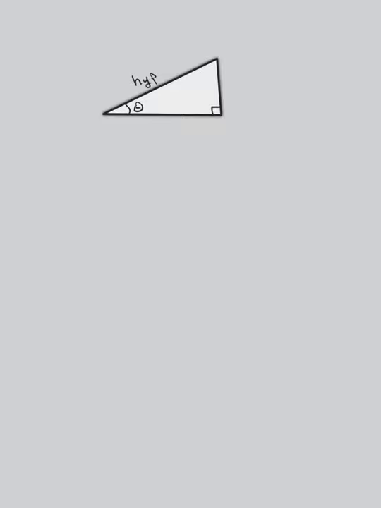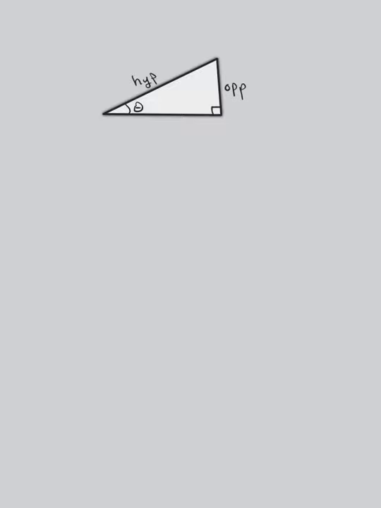Now these other two labels depend on the angle theta that I'm talking about. The labels will be different if I'm referring to this angle up here. So I have to be referring to just one given angle. Just like the hypotenuse is opposite the right angle, I look at the side that's opposite the given angle theta, and I'm going to label that as the opposite side.